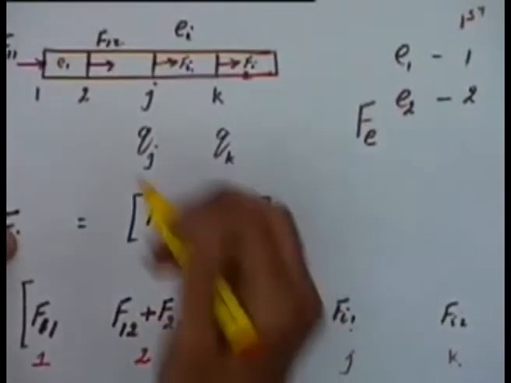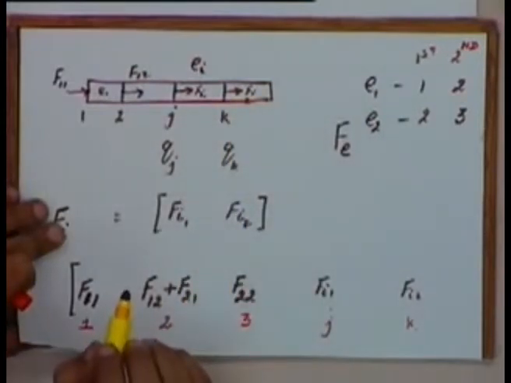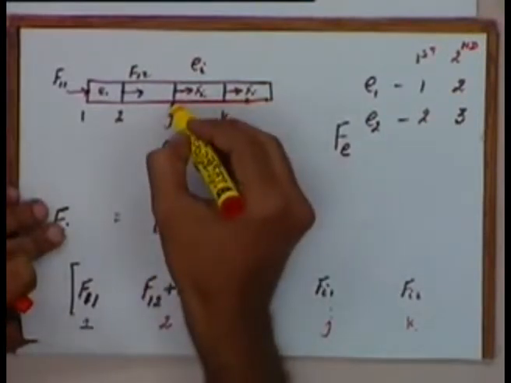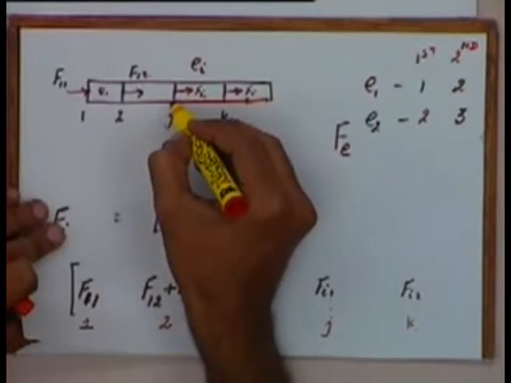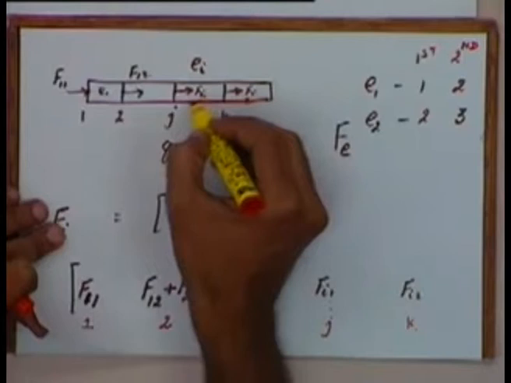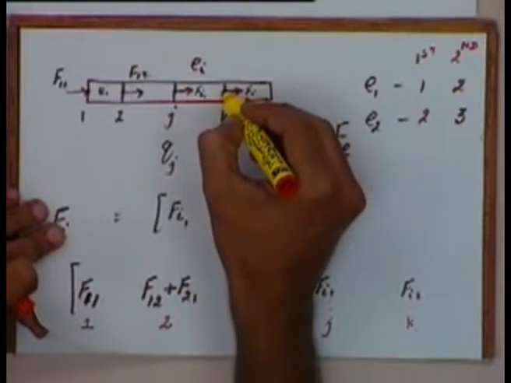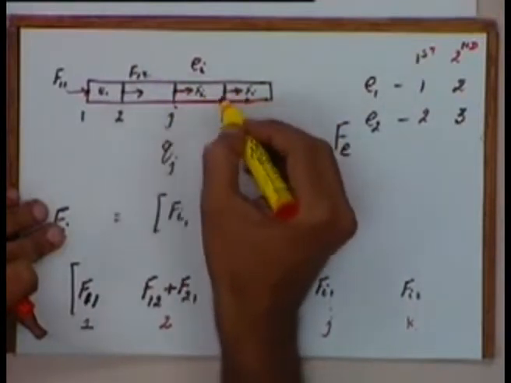This 1, 2, J, K and so on, these are the global node numbers. Now this global node number J corresponds to element node number 1 for element number I. Okay, that means for this element, this node number locally is 1 and this is local node number 2, but global number is J and K.